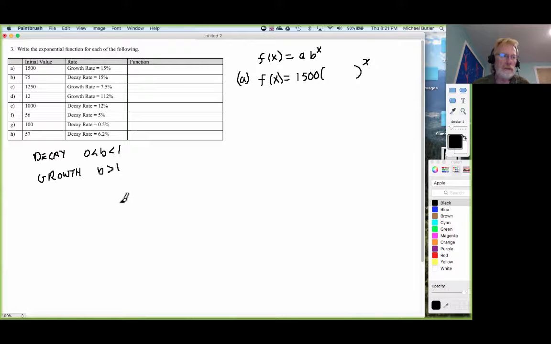Okay. So how much are we growing by? Well, the growth rate is 15%, which means you're going to grow by more than 100%. That's what the more than 1 means. So what would it be? It'd be 1.15, wouldn't it?